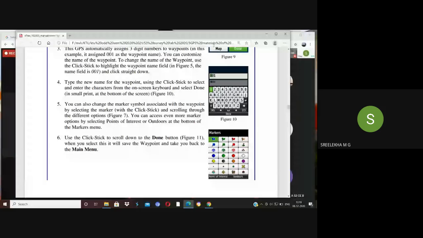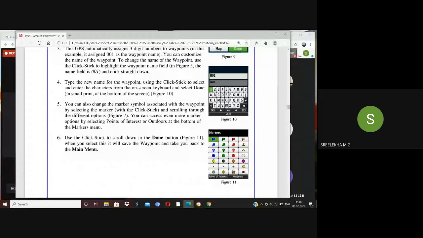That's all. Likewise, we can go to the further waypoints and collect their details. Once we click on a waypoint, the details regarding that particular point, that is its latitude, longitude and elevation, will be imported into the GPS, like your computer software. Okay, so this data can be retrieved finally when we transfer it to a computer.